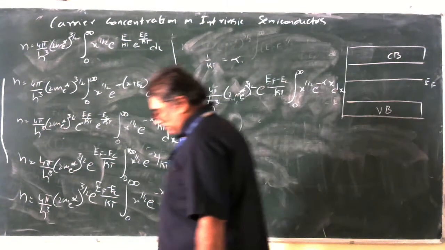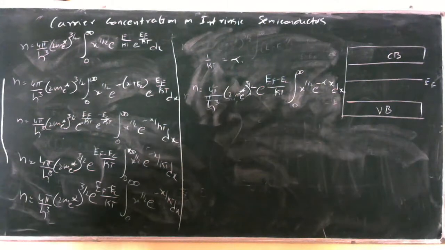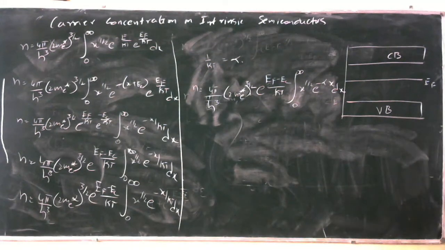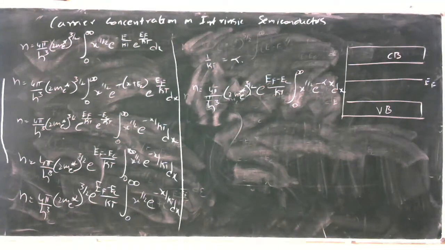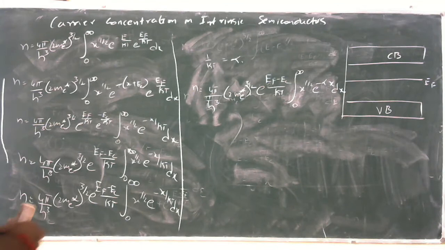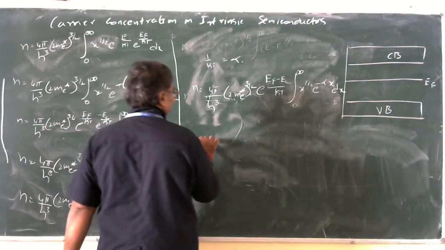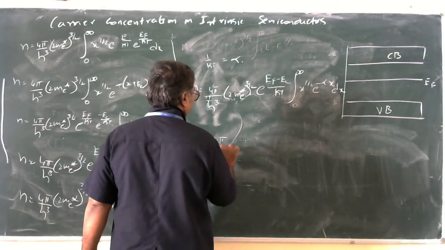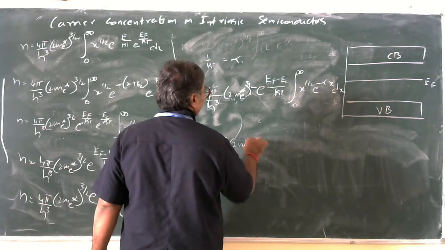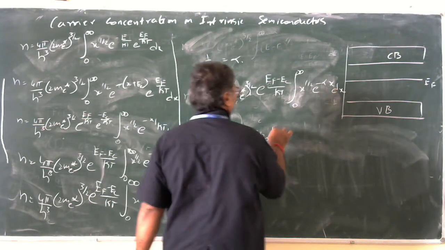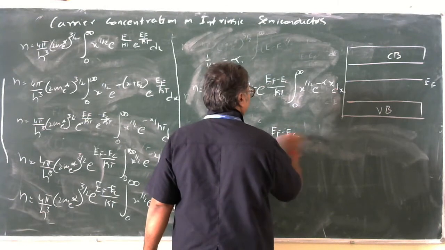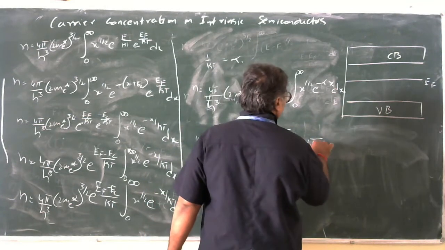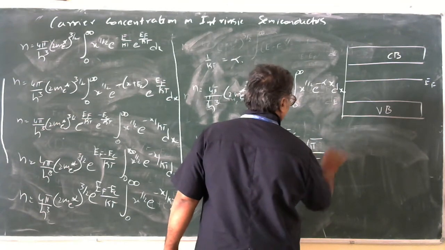And this is in the form of the gamma function. When you solve it, you get root pi by 2 root 2. So we are going to substitute that value here. So this becomes N equals 4π by h cube into (2 me star) power 3/2 exponential of (EF minus Ec) by kT into 2π by 2 root 2 k.